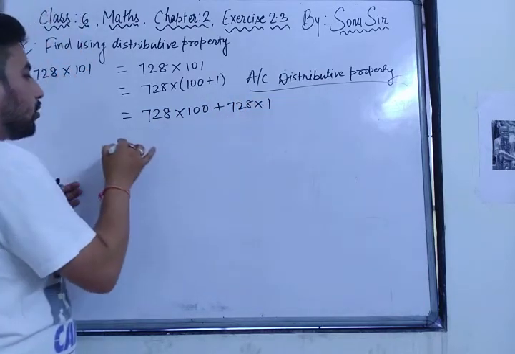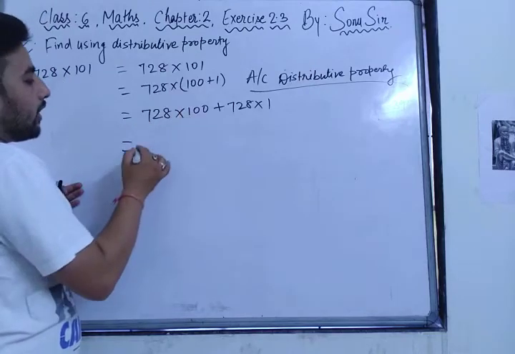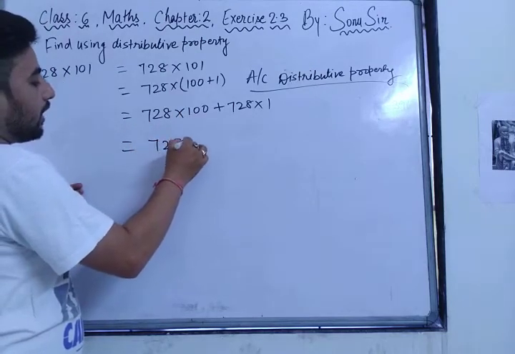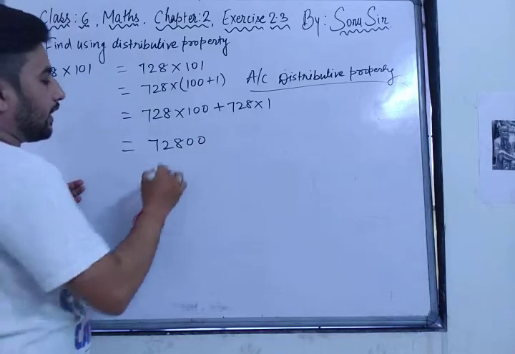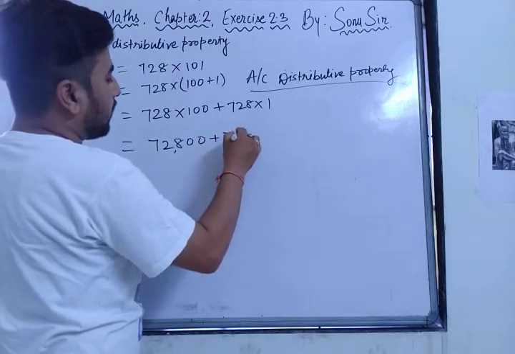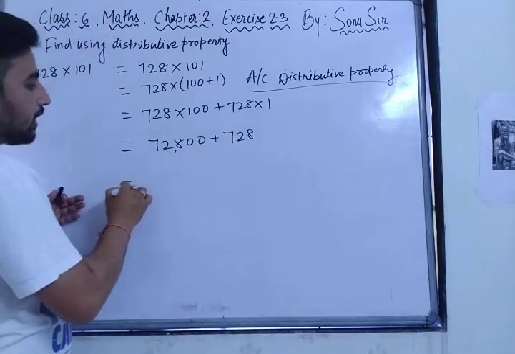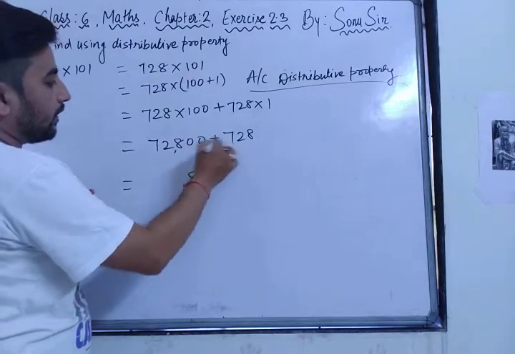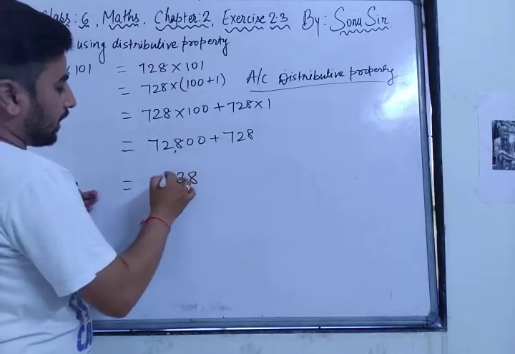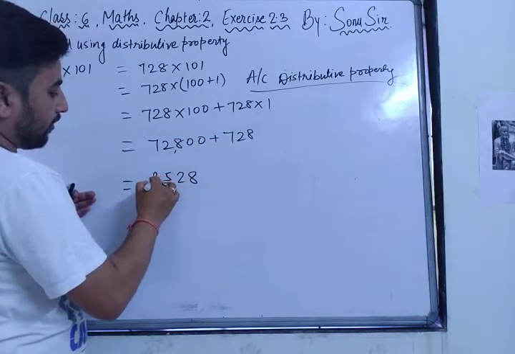So this is our distributive property. Now 728 into 100 is 72,800, right? Plus 728. When you add both numbers, 0 plus 8, 8. 0 plus 2, 2. 8 plus 7, 15. 2 plus 1, 3.